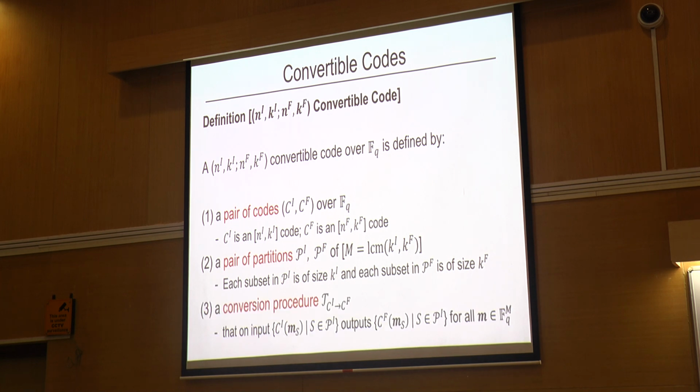And third, a conversion procedure, which takes the set of initial code words and converts it into a set of final code words. So this is the formal definition of convertible codes. Let's take a break here, and then after the break, let's start looking at the cost of conversion, which is going to be the cost of this conversion procedure.